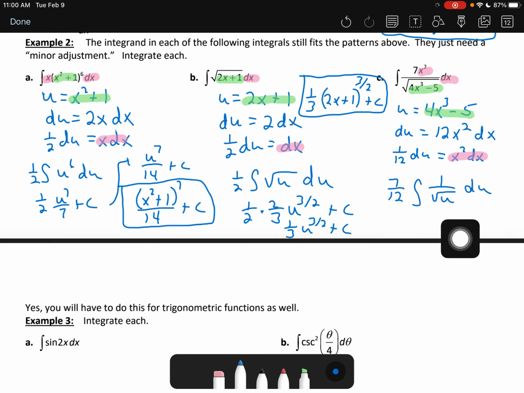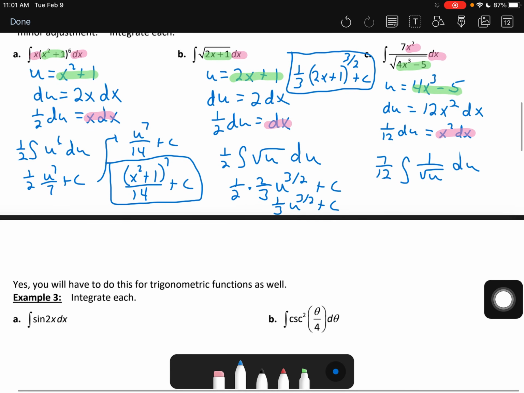And so when I integrate that, that's like u to the negative 1/2. I'm going to do some side work here, but this would be a good one to just remember the pattern on how this works. If I have this expression, that's the same as u to the negative 1/2, and if I integrate that, I add 1 to that negative 1/2, which gives me positive 1/2, and then I'd be dividing by 1/2, it'd be like times by 2.